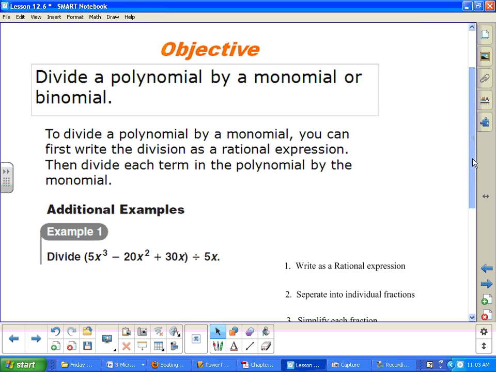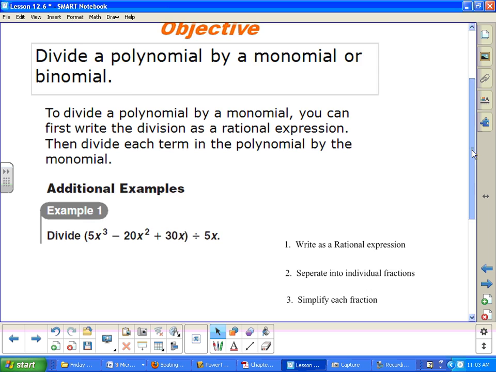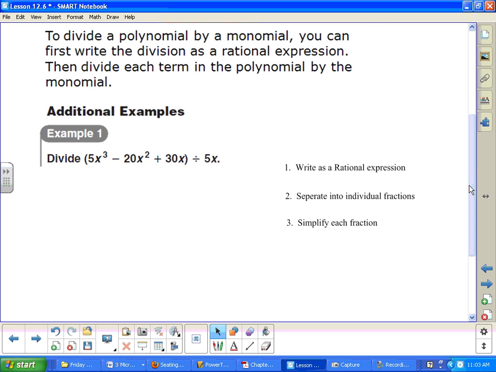And doing that is pretty easy if you do the first step. And the first step takes you to the part where all you have to do is simplify some fairly basic fractions. Okay? So here we want to divide this polynomial, 5x cubed minus 20x squared plus 30x by 5x.